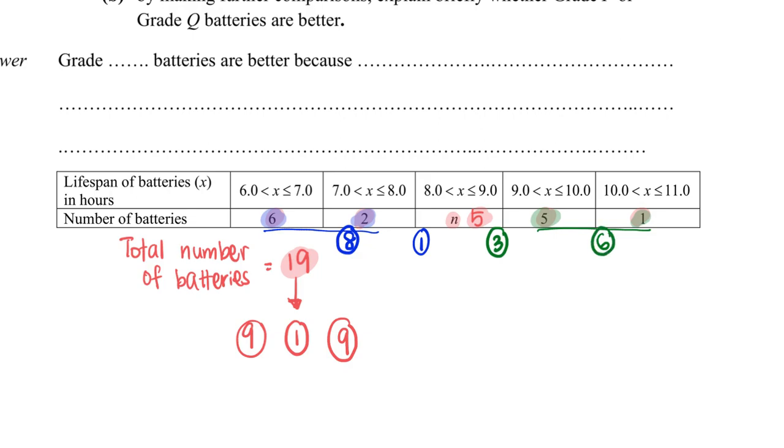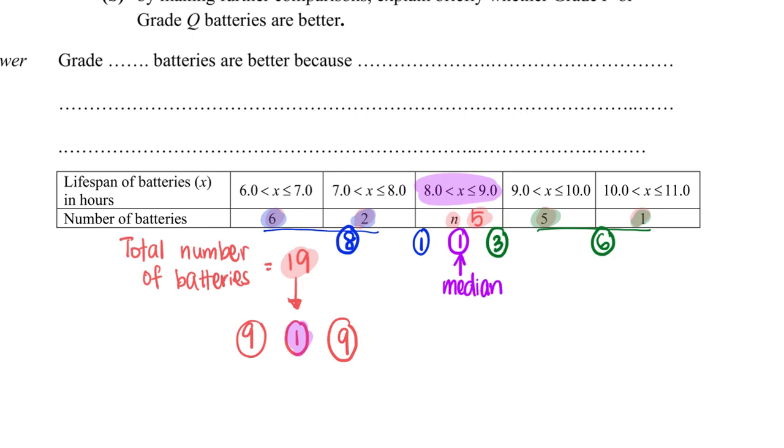So I will have 9 at the other side, and there will be this 1 battery that is right in the middle, and that battery is my median. So from here, the median class is here. Why is this so important?